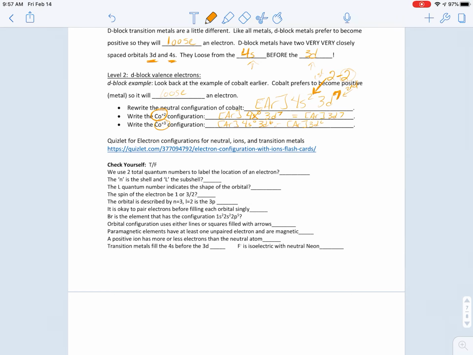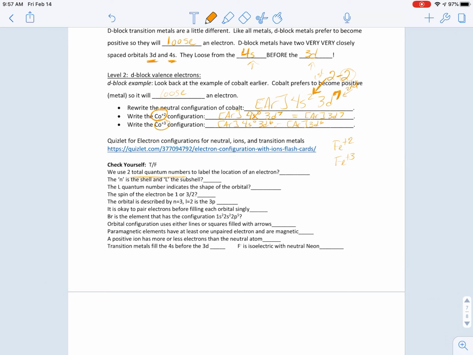Argon 3d6. And if you're not sure about these, you could easily try a few of them, like iron plus 2 and iron plus 3. If you Google their configurations, they come up right away, and you can make sure that you did it right and that they came out of the right spots. So just as a reminder, check yourself.